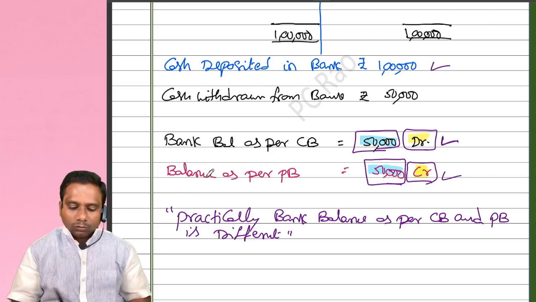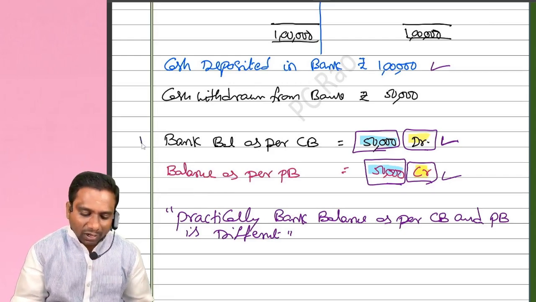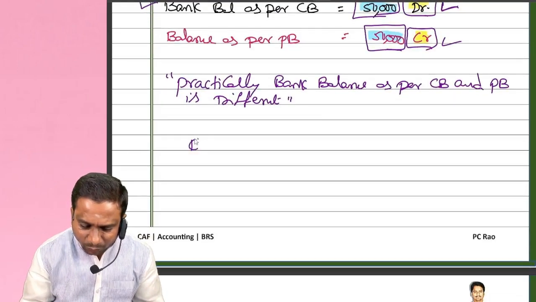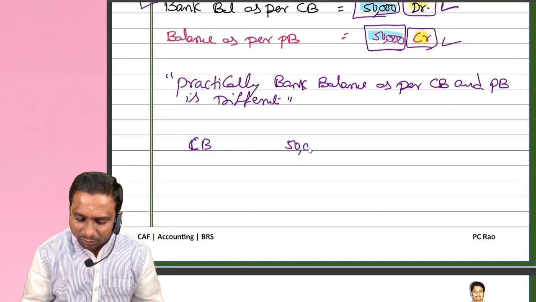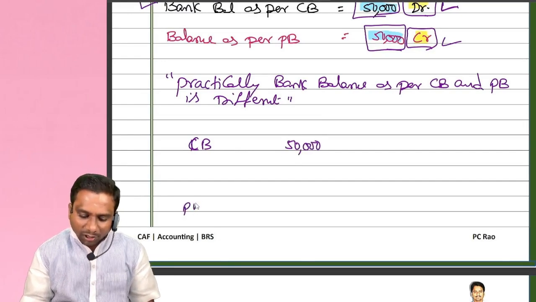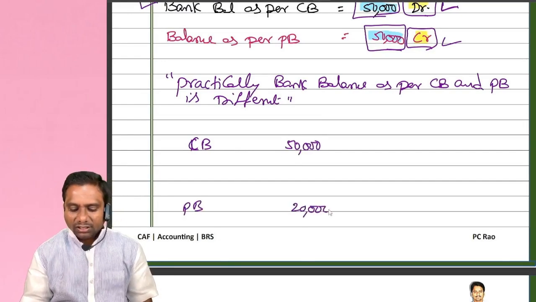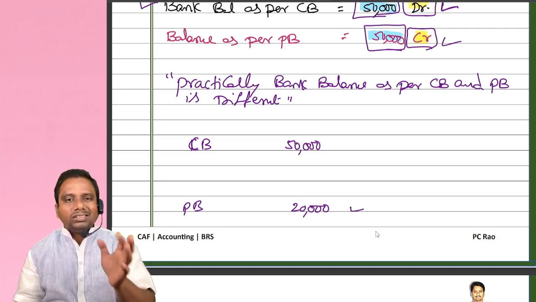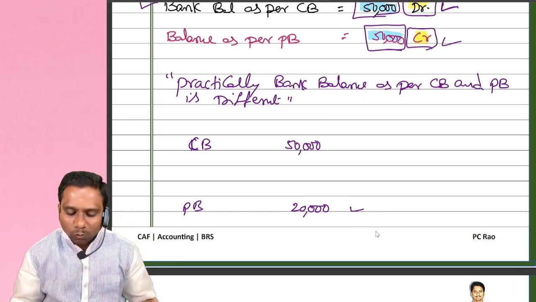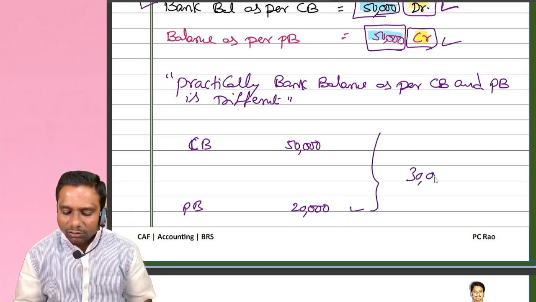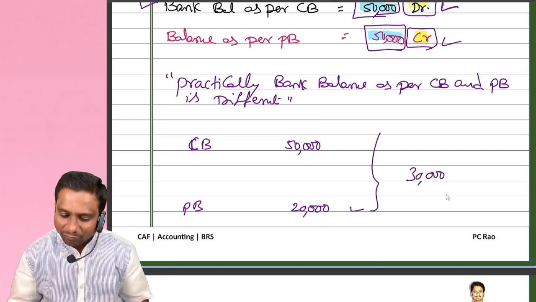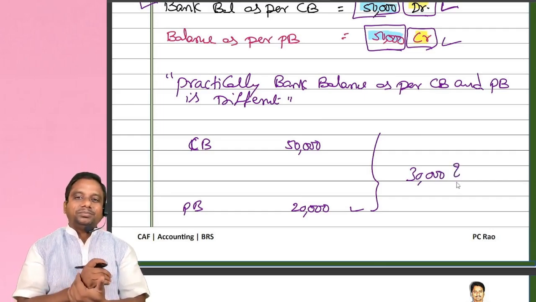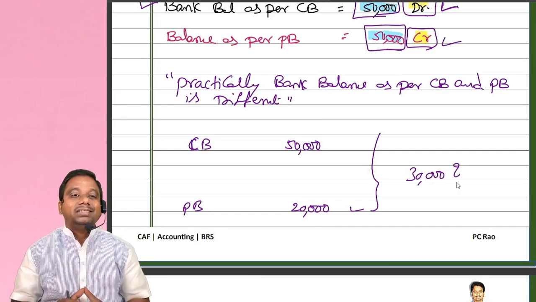Say the cash book balance is 50,000, whereas the passbook balance is 20,000. So how much is the difference here? 30,000 rupees is the difference. Why is it different? Tell me, what are the causes? We present them in a statement format.